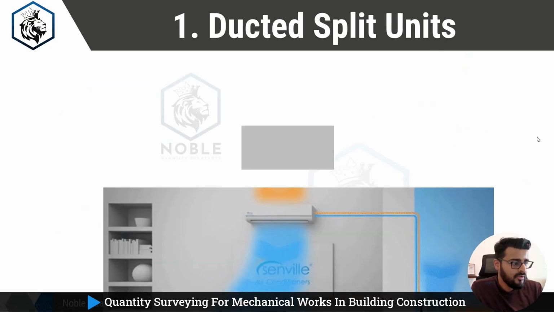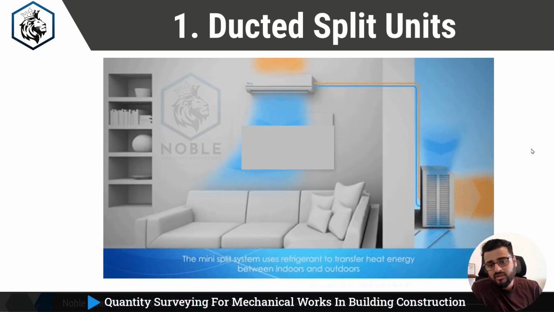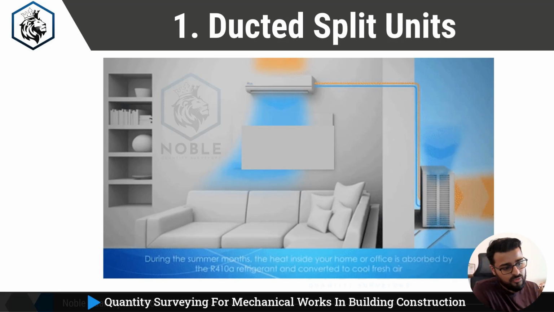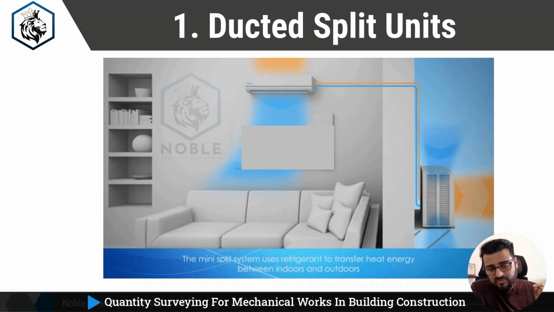So what you see on your screen is a ducted unit. This is how it works. There will be one indoor unit, one outdoor unit. The outdoor unit has 3 components: the expansion valve, compressor, and condenser, and the indoor unit has only one part, which is your evaporator.